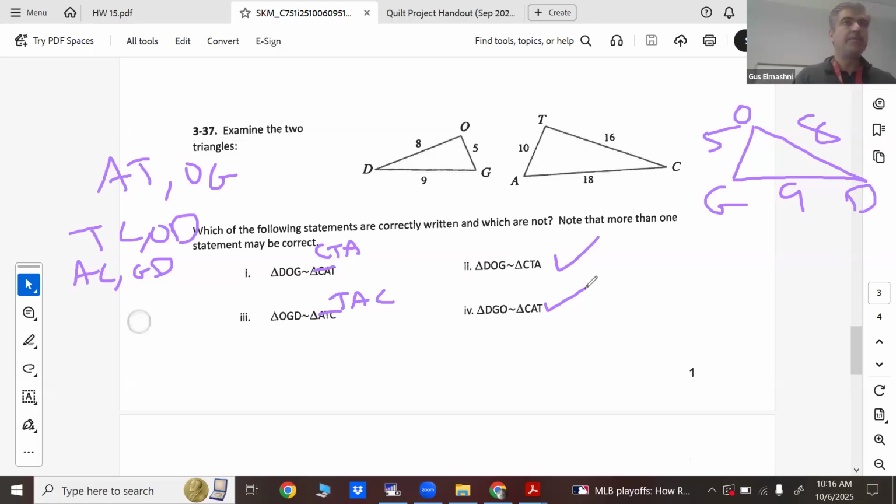For the AT to OG, does the order of those matter? Not necessarily, no, because I just want to know what sides go with what. But yeah, I try to be consistent. Actually, I should have said AT to GO.